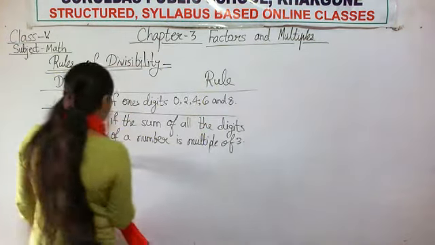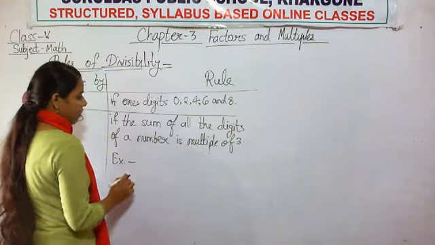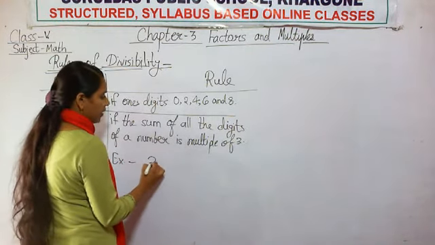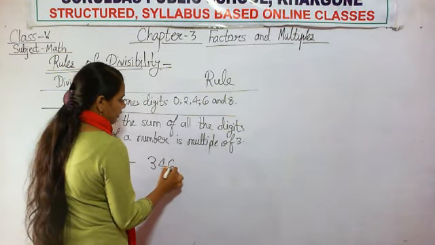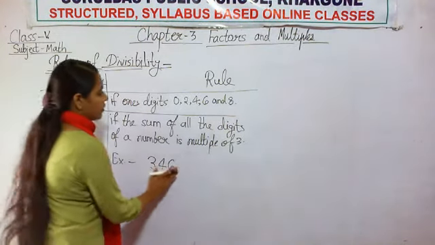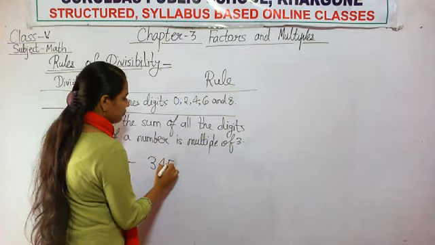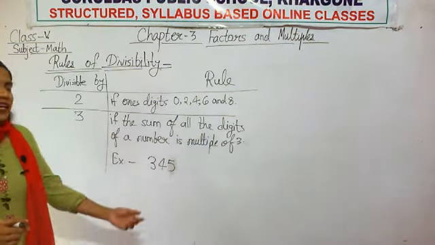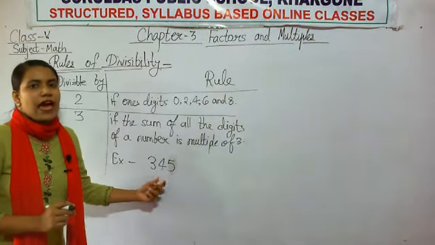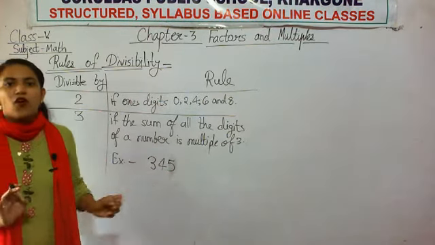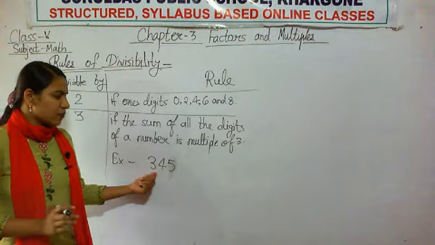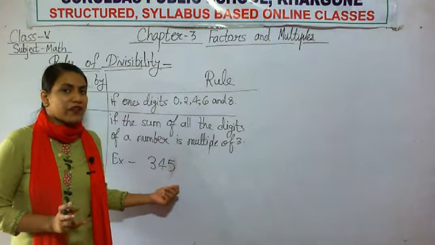Let us understand this by an example. Let us take a number, 345. I am asking you to check whether 345 is divisible by 3 or not.